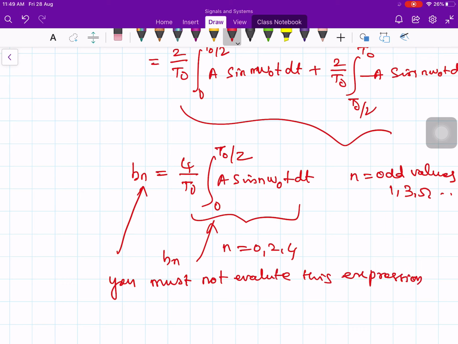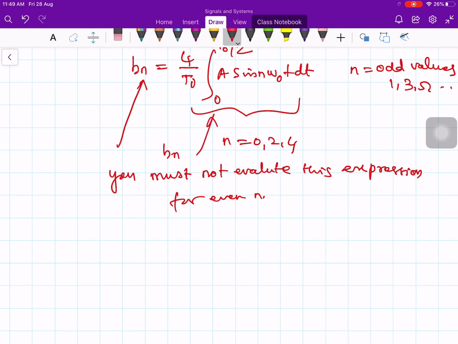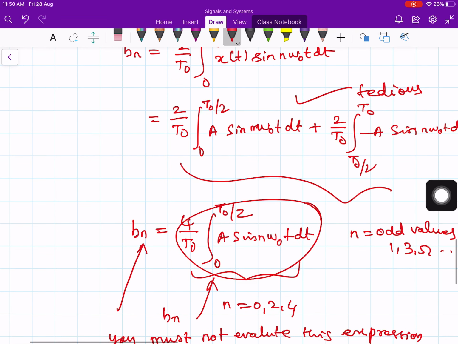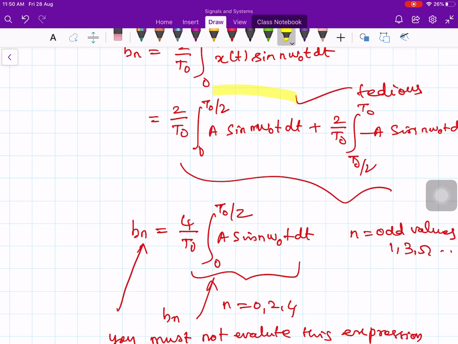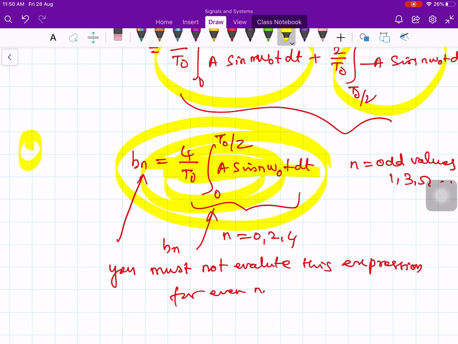For even n, this term will cancel with the second integral, so you get a 0. So whenever you write the expression, you must make sure that it is valid for odd n only.